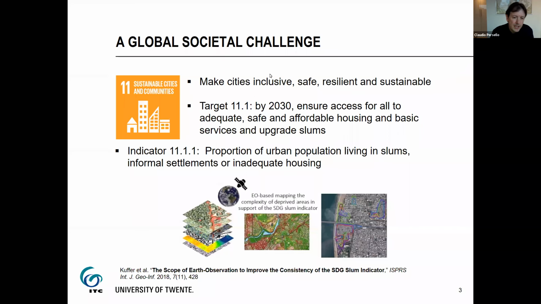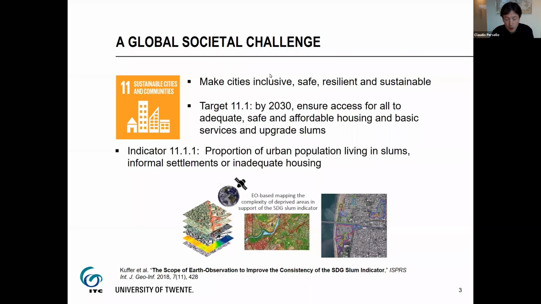One particular indicator which Earth observation allows us to monitor is indicator 11.1.1, which aims at estimating the proportion of urban population living in slums.